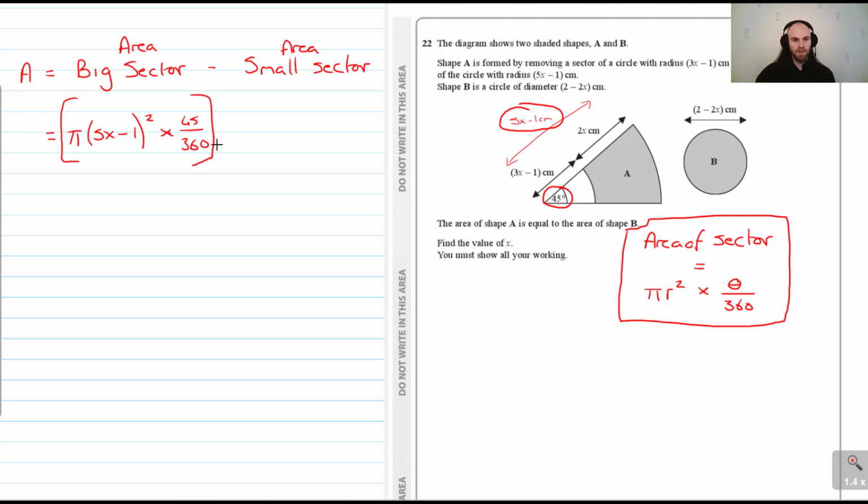Subtract the small sector, which has pi, and the radius for this small white one is 3x minus 1. Again, all squared, pi r squared, multiplied again by the same angle, 45 over 360.